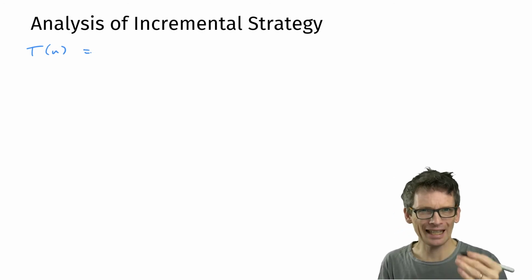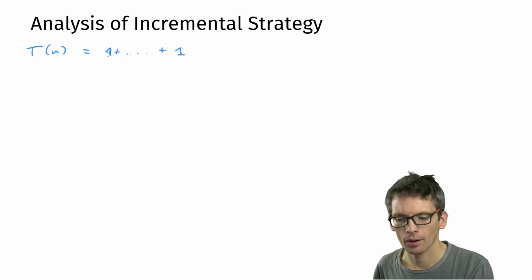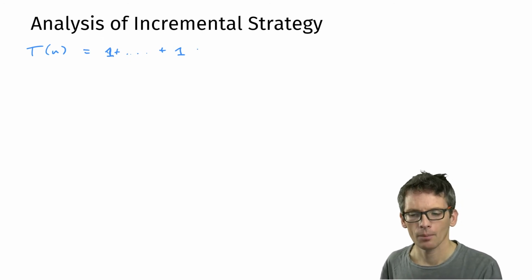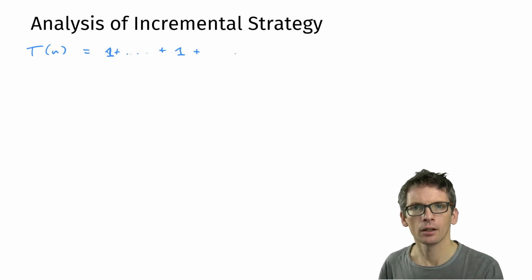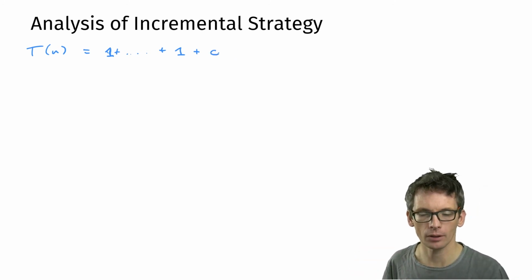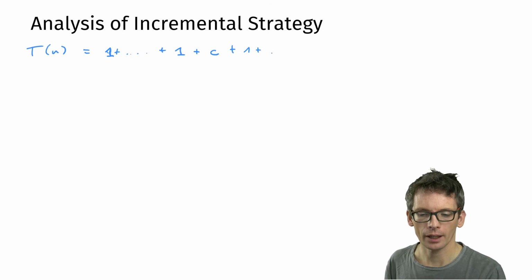The first c elements that I insert, I get O of 1 running time. But then with the c plus first element, I have to resize, and the current size is c, so resizing is order c, so let me write the c here. And then for the next c minus 1 elements, I again get constant time because I don't need to resize.